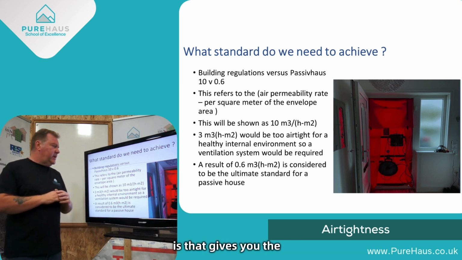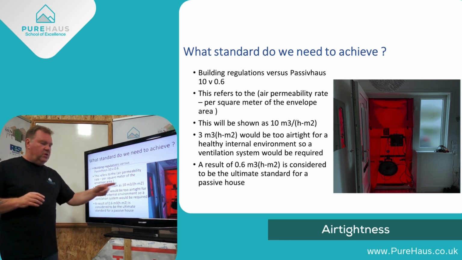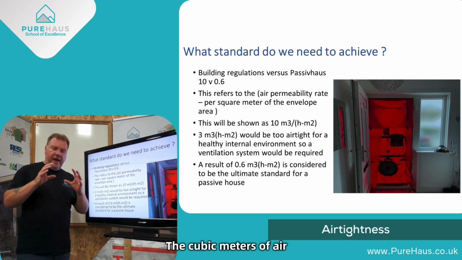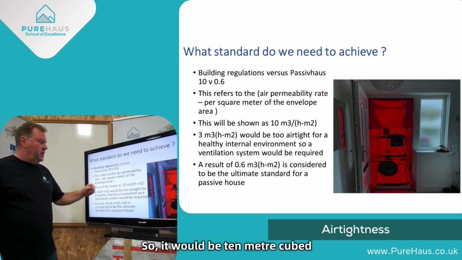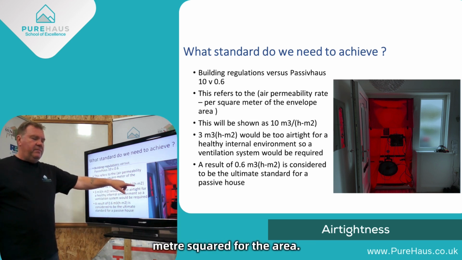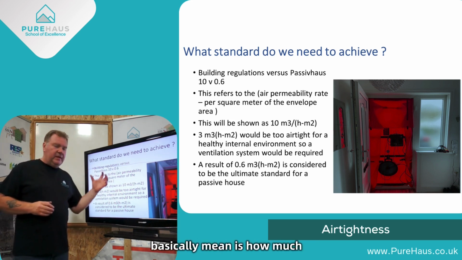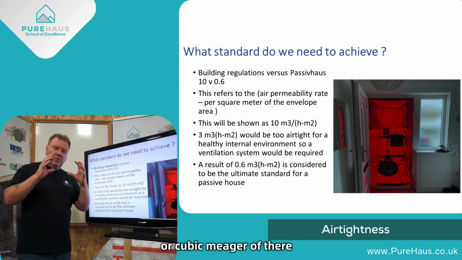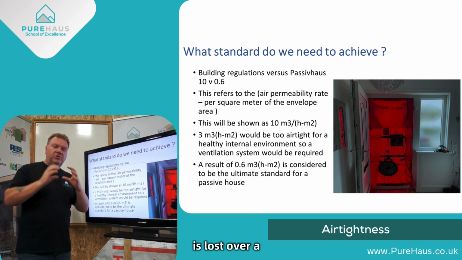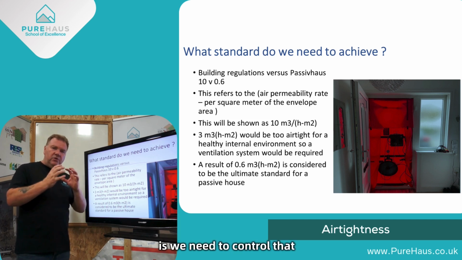What that does is give you the cubic meters of air that has moved over a given amount of time. So it would be 10 meters cubed per hour per meter squared of the area. That's what they basically mean: how much cubic meterage of air is lost over a given amount of time. So what we need to do is control that.